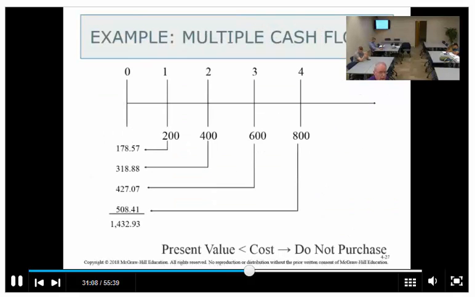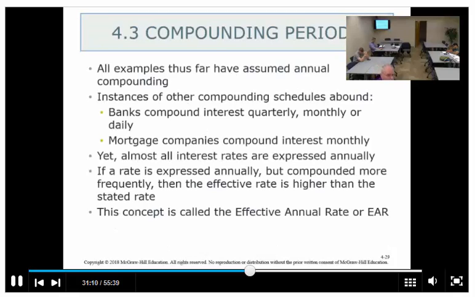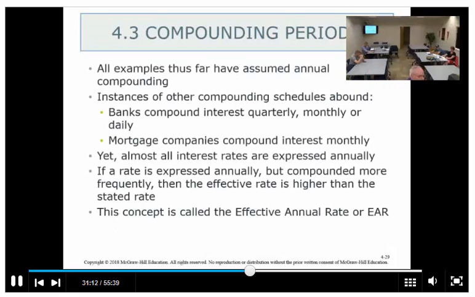Okay. All right, now, in Excel, because things like mortgages have a flat rate, however, because payments are made monthly, the effective annual rate's a little higher.